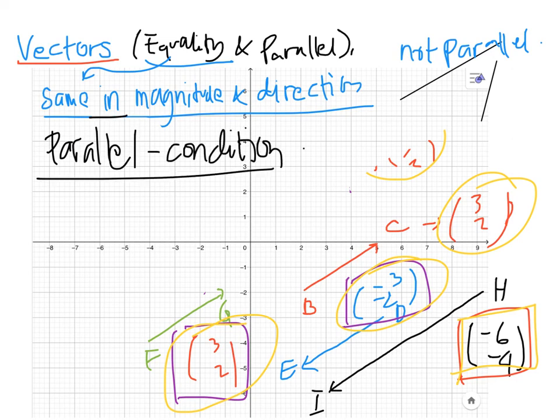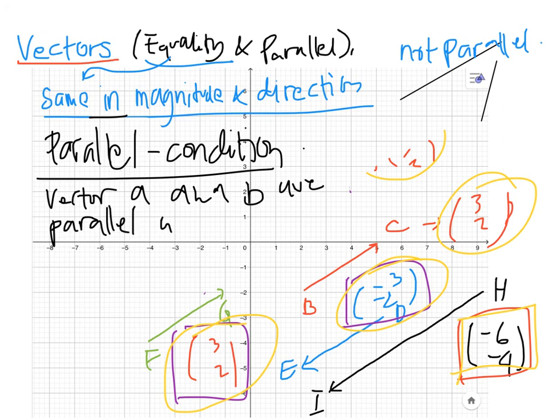So two vectors, let's say vector A and vector B, are parallel when A can be made as a multiple of B. I'll just give an arrow so you can see it means vectors. Whenever you can make it a multiple, so A equals 2B, A equals half B, A equals even negative half B, then we can tell they're parallel. I'll give you more examples in the next video.